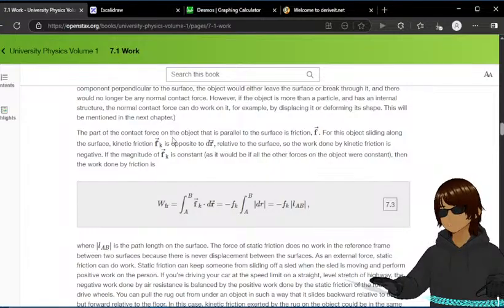The part of the contact force on the object that is parallel to the surface is friction. For this object sliding along the surface, kinetic friction is opposite to dr relative to the surface, so the work done by the kinetic friction is negative.